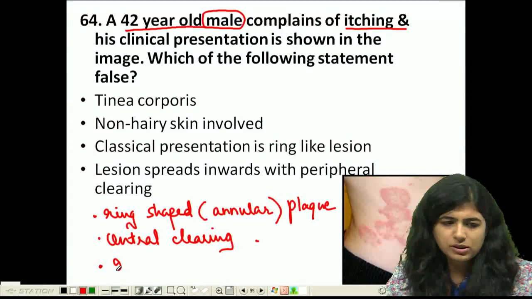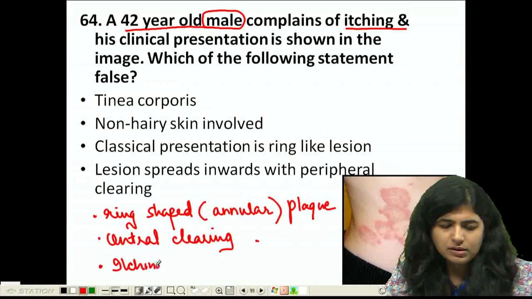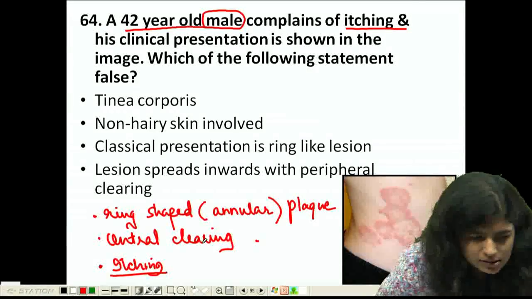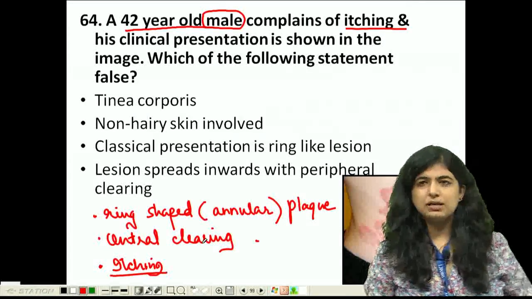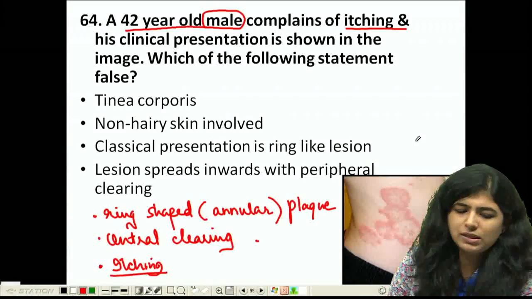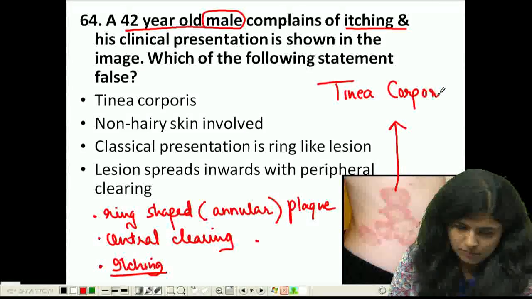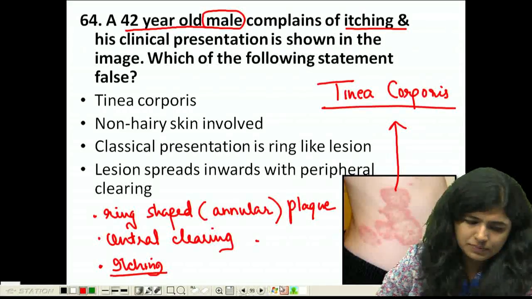The question tells you that there is itching. Enough for you to come to a diagnosis. Which of the following statements is false? Before that, tell me the diagnosis. This is a typical lesion of Tinea corporis.